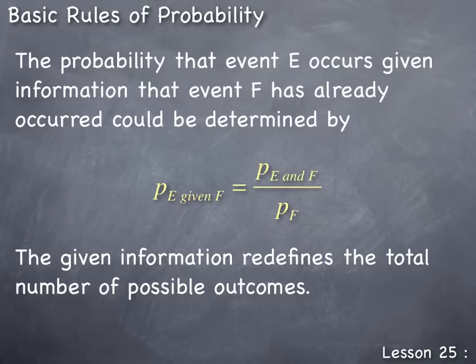So the probability that event E occurs, given F has already occurred, is calculated based off of the total of event F. So when it's given F, the total is the probability of F. And then the frequency is counted based on just the E's that occur in the given information. So the probability that E occurs given F occurs can be calculated with this rule by taking the probability that both E and F occur and dividing it by the given probability of F.